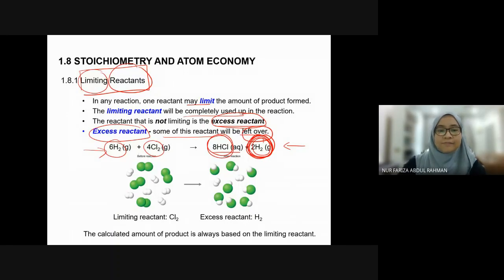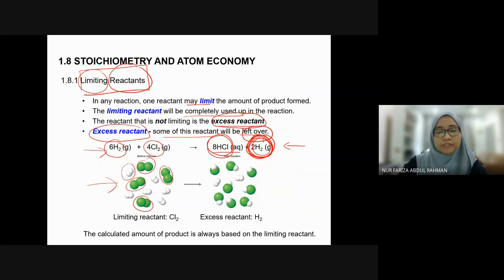Okay, all right. So this is in terms of a diagram. As you can see, we have 4 mole of chlorine gas, and we have 6 mole of hydrogen gas that can be represented by the white molecule here.